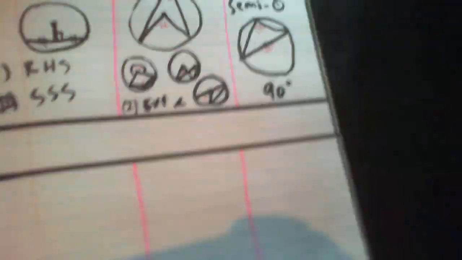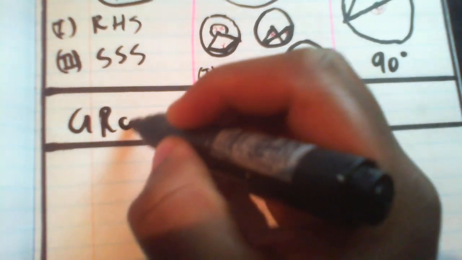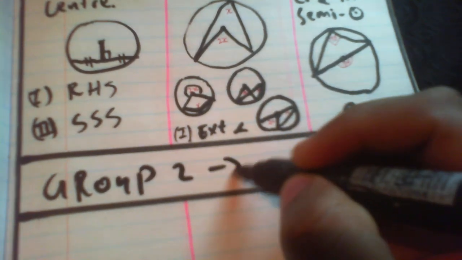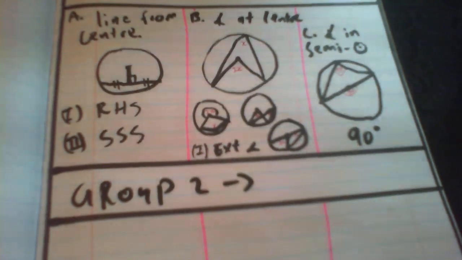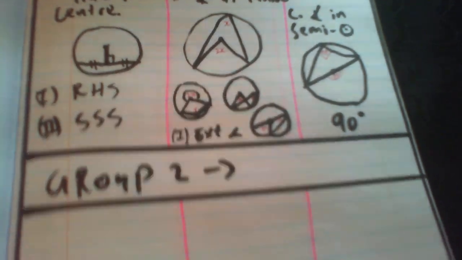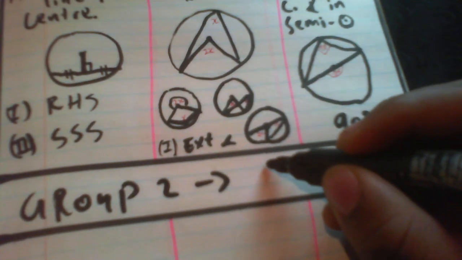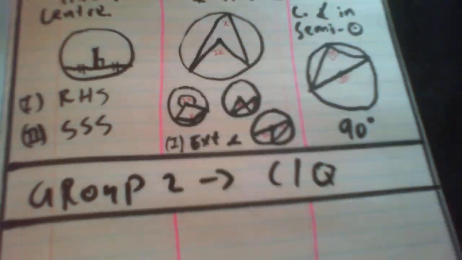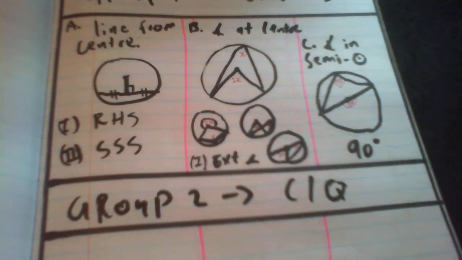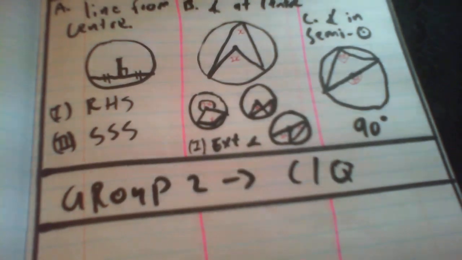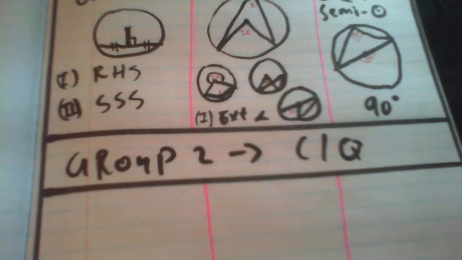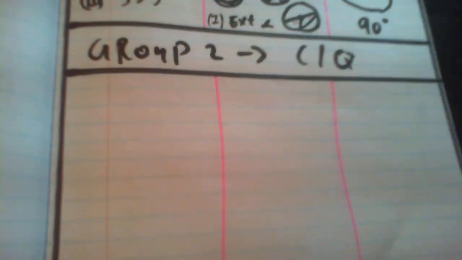Now, we move on to group 2 quickly. We don't want to make the video too long. Group 2, remember I said I'm dealing with cyclic quads. Cyclic quadrilaterals. Now a cyclic quad is supposed to have all 4 points on the circumference of the circle. So that's why it's a cyclic quad.